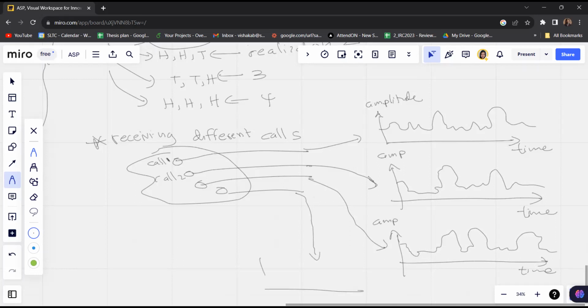The reason is the signals are random. Even if we try to send the same signal, because of the random noise affecting the communication, the amplitude of those signals will vary. That is very unique to that call.